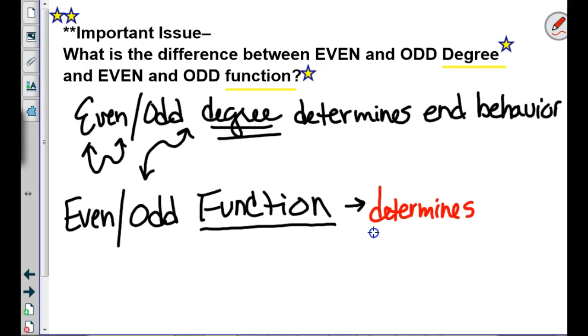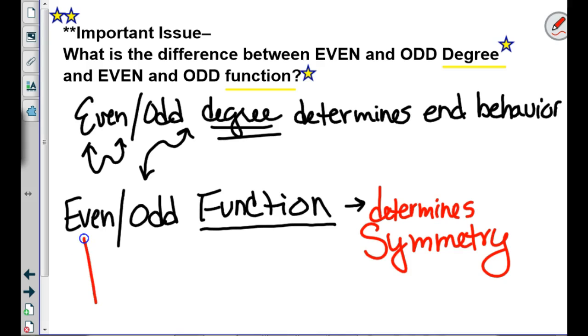I don't really know if determines is a very good word. So an even function would have y-axis symmetry like this. An odd function has what kind of symmetry, guys? Origin symmetry. So it might look like this. Okay, I didn't draw that very symmetric, sorry.